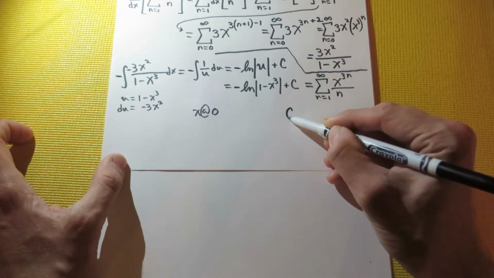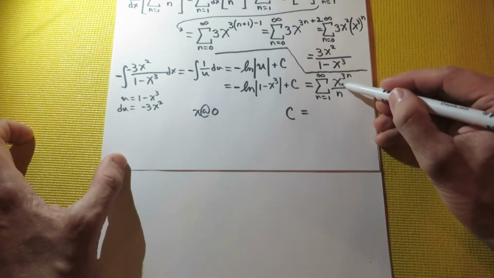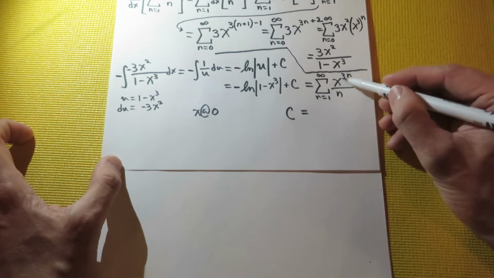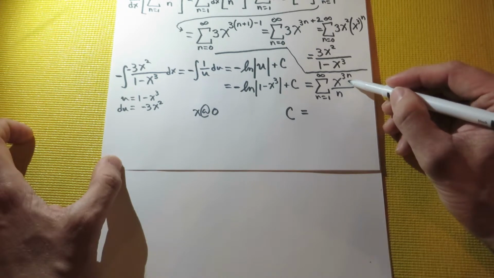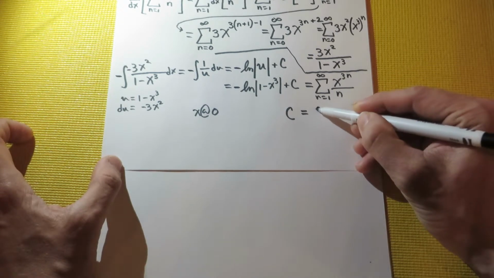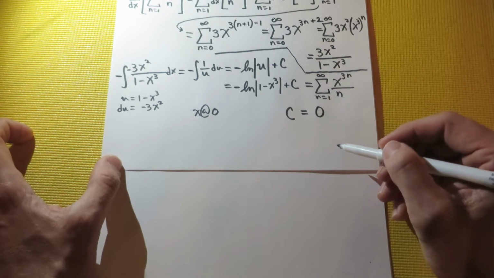So that c is equal to, let's figure this out. When x is equal to 0, then we would have 0 to the 3nth power. Well, an infinite sum of zeros is just going to equal 0. So we have that our c equals 0.